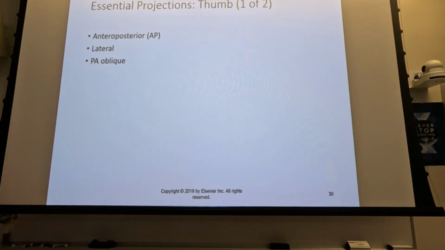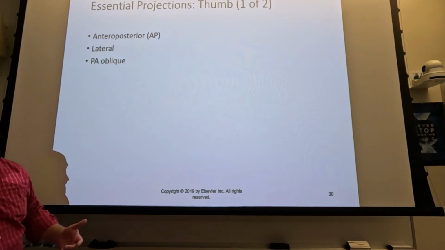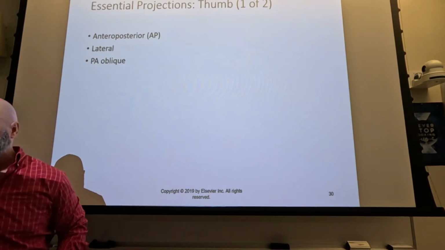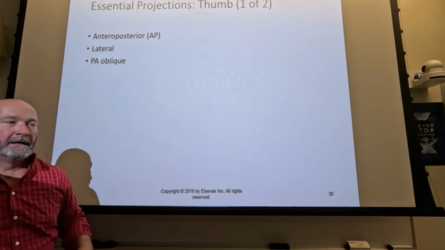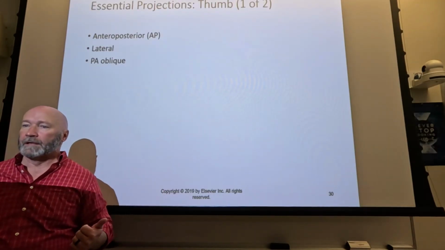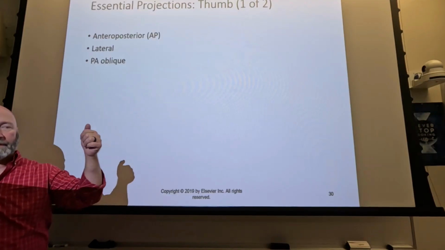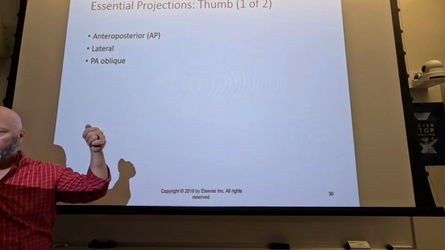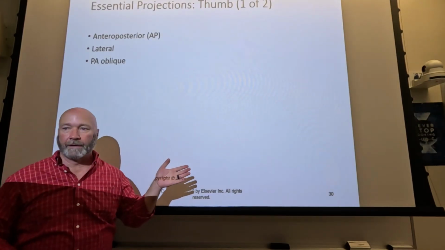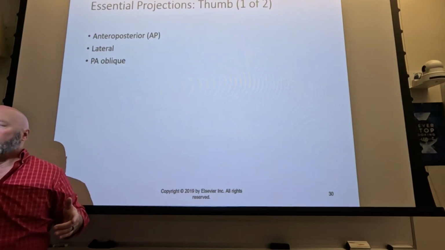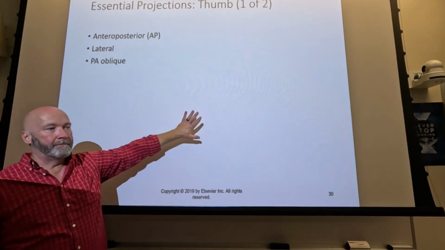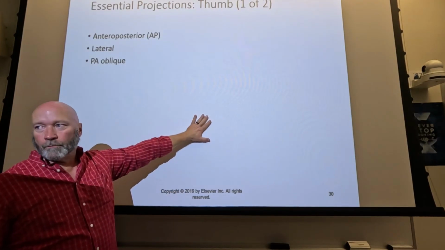So the thumb creates different problems. It creates a lot of problems. The key points on the thumb to remember: the thumb is the only digit where we want to include not just the thumb proper, but the entire metacarpal. It's also the only digit that, with the hand pronated, gives an oblique.